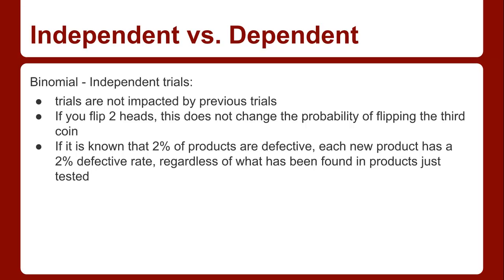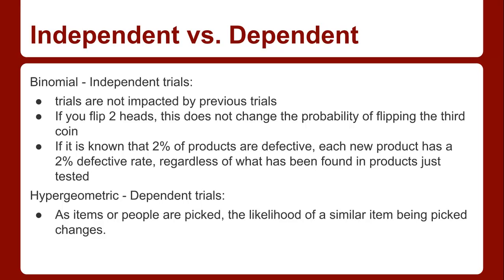And this is where we'll keep talking about this unlimited, limited thing. Hypergeometric is dependent trials. As items or people are picked, the likelihood of a similar item being picked changes. So if a spade was picked, the likelihood that a similar item is picked changes. It doesn't even have to be a similar item; the likelihood of any item changes because you're not replacing.